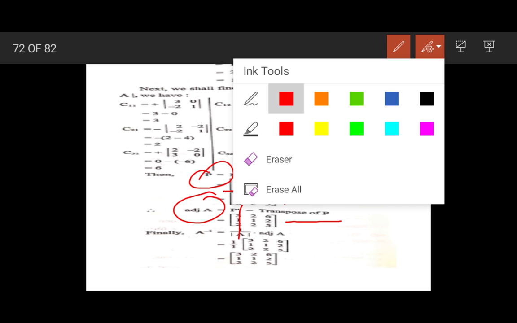Adjoint of matrix A means transpose of P matrix. So P dash will be converting row into column. So first row will be first column. Okay. Then after finding adjoint, next is writing the formula for A inverse.